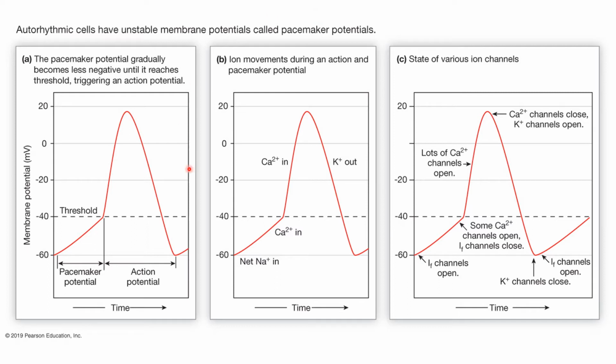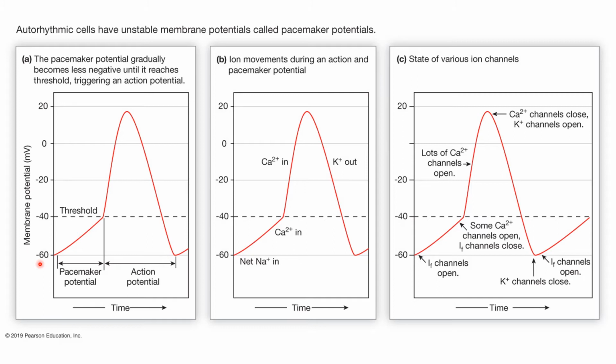Now, right here, we are going to explain the steps of the action potential initiating in your autorhythmic cells. Now, the condition in your autorhythmic cells, the pacemaker potential, is around negative 60 millivolts.